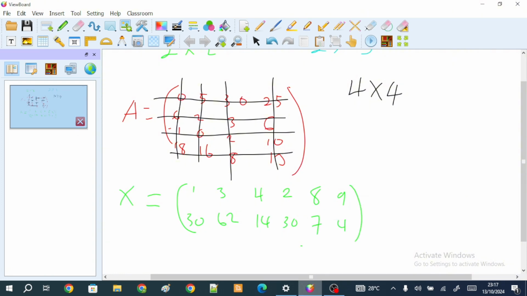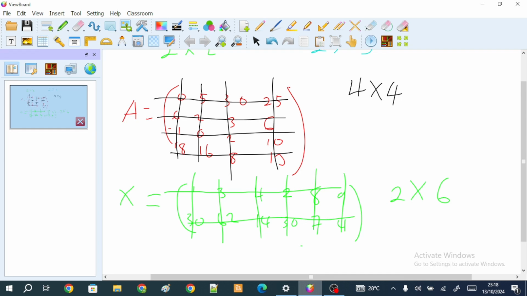So what is the order of this matrix? Okay, so this is row 1 and row 2. I have just 2 rows by column 1, column 2, column 3, column 4, column 5, column 6. So this is a 2 by 6 matrix. Remember it is read as the number of rows by the number of columns, but in writing we write it as number of rows times the number of columns.